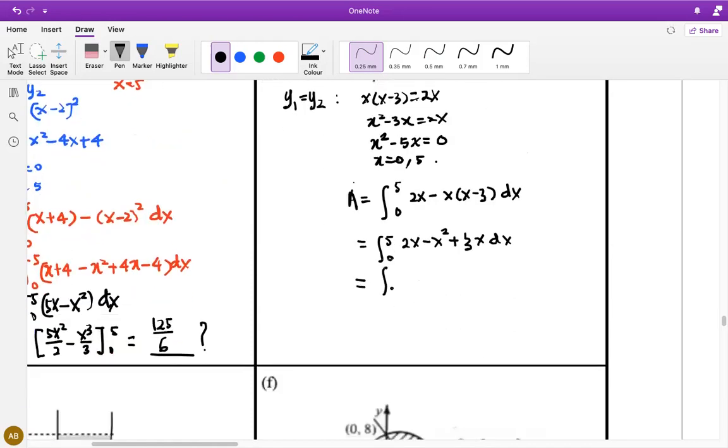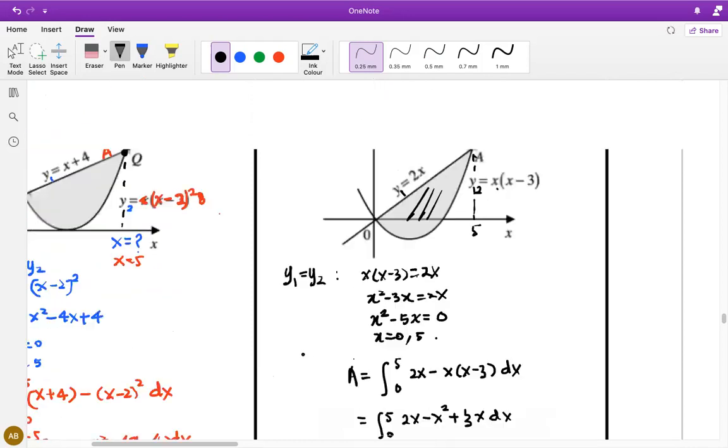So you get 5x minus x squared dx. Okay, so you integrate, you get 5x squared over 2 minus x cubed over 3 from 0 to 5. So the answer is also the same as this.